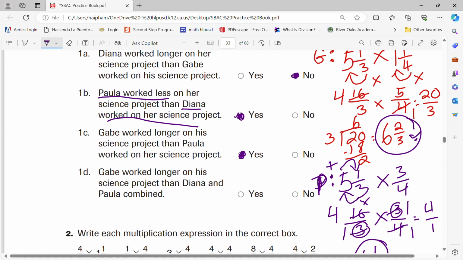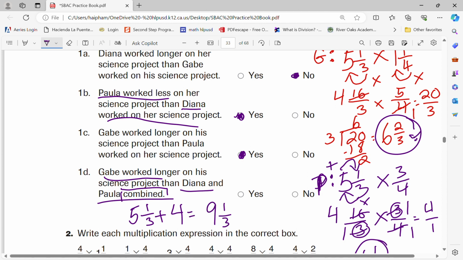And the last statement: Gabe worked longer on his science project than Diana and Paula combined. Notice they use the word combined here, which means I need to add Diana's time to Paula's time. Since Diana worked for 5 1/3 hours, we add that to Paula's time, which was 4, which gives me 9 1/3.